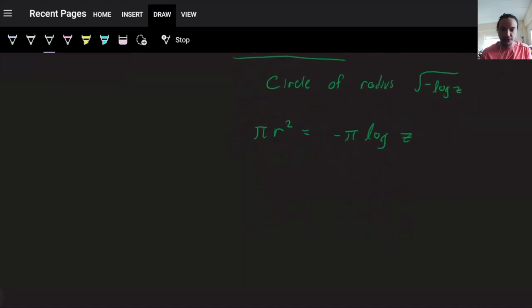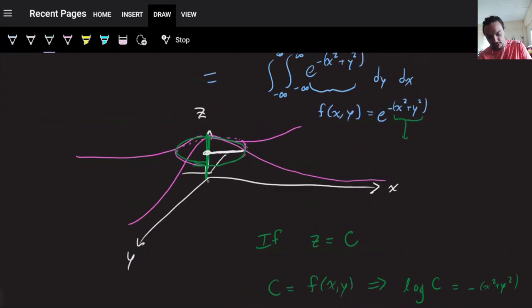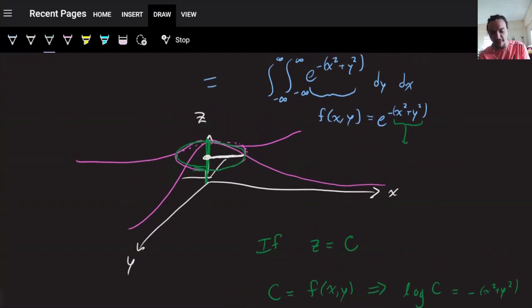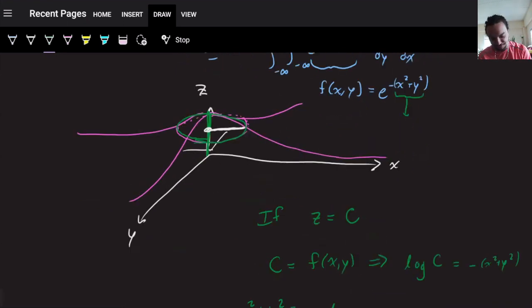Okay? So now we have the area of one of our cross-sections, and we have cross-sections going from 0 all the way up to 1. Because what's the maximum value of this bump? Well, it happens when x equals y equals 0, which is e to the 0 equals 1. Okay? So that's the tallest point. And the bottom point is 0, because the exponential is positive.